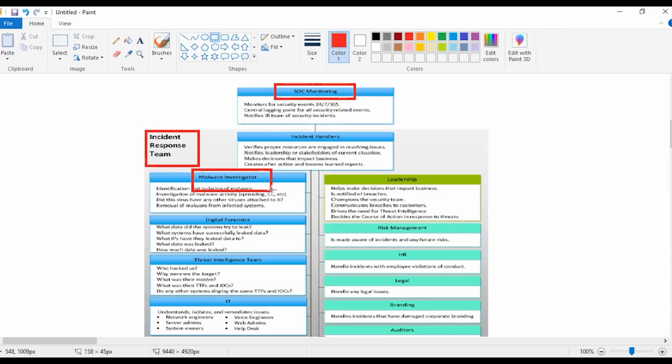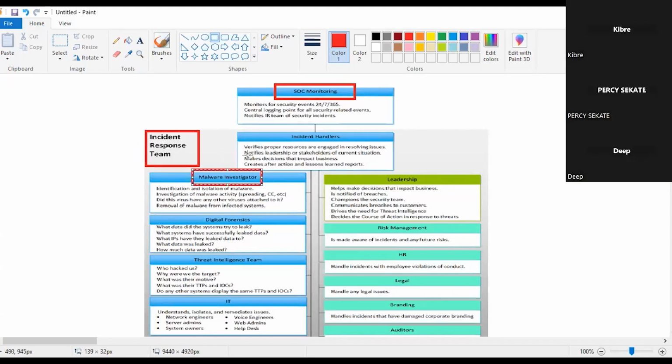See, there are different malware investigators. Let's just say an incident occurs and the malware comes into a host and gets into it. The malware investigator is going to put that malware or payload into a sandbox and test it. There are incident handlers, digital forensics.